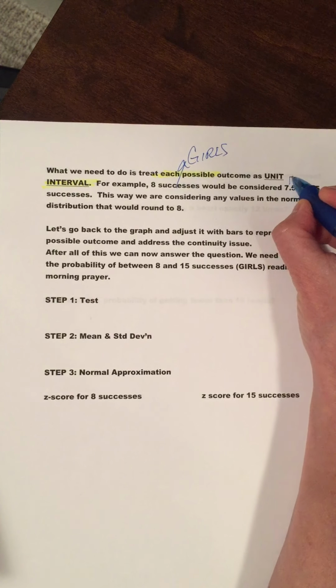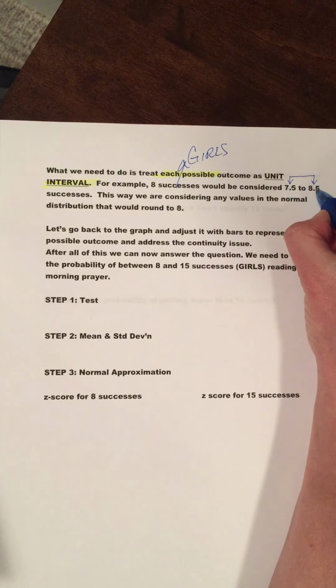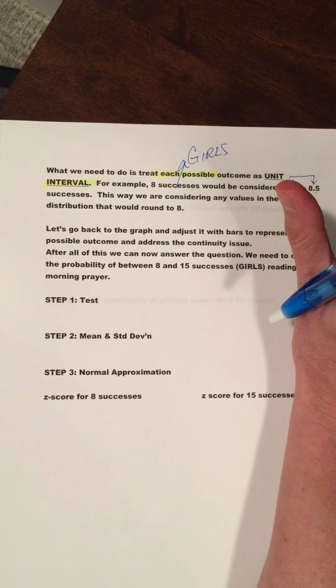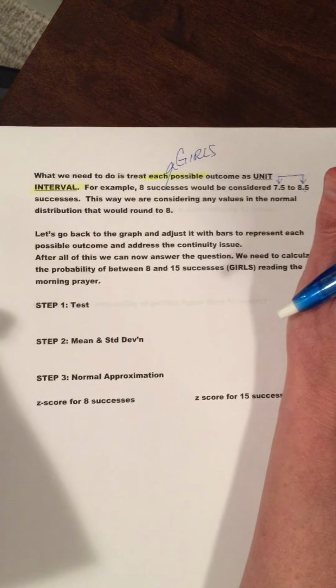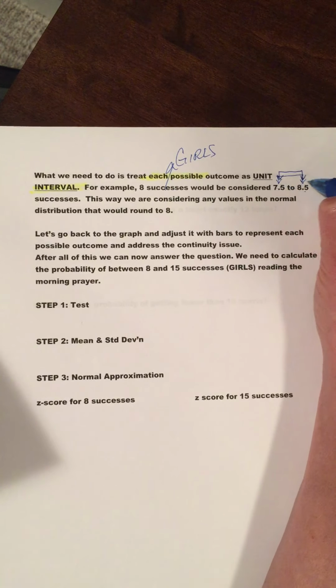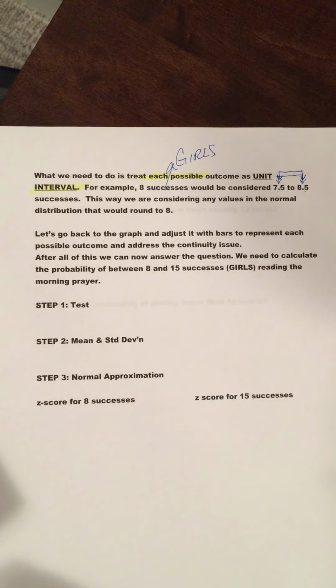We extend the unit from 7.5 to 8.5. I know 8.5 doesn't round to 8. I know there's people out there arguing with me. That's okay. We usually have a discussion. But we keep the interval so that it has continuity, 7.5 to 8.5.